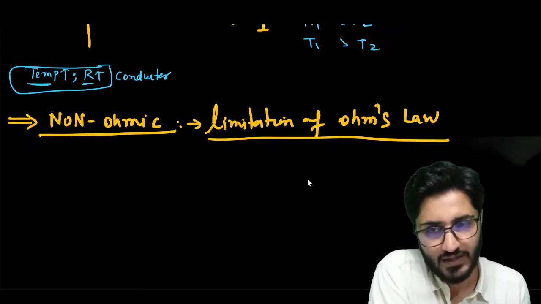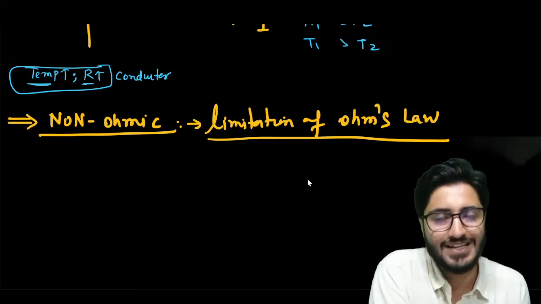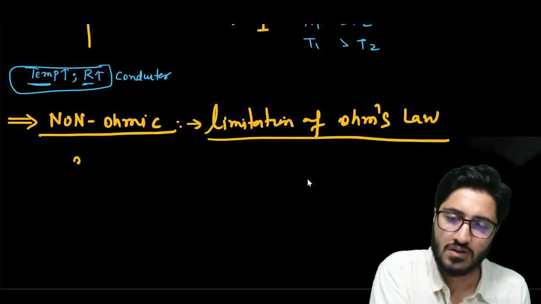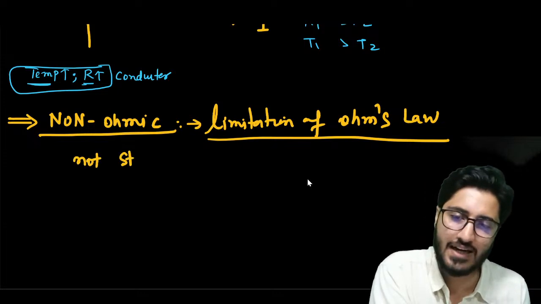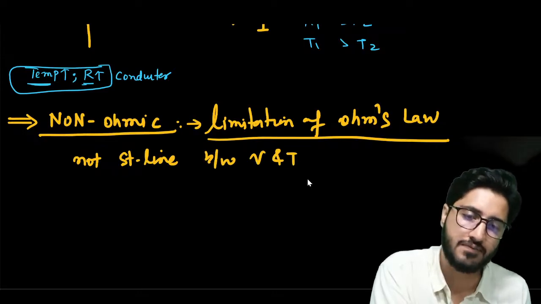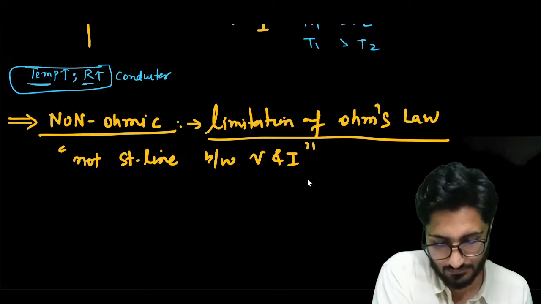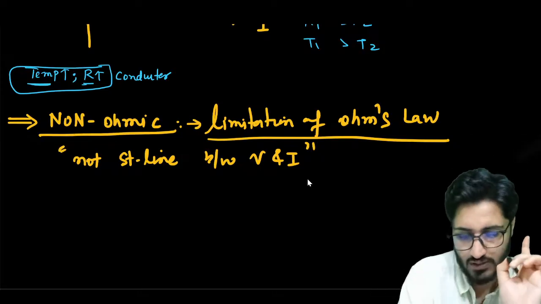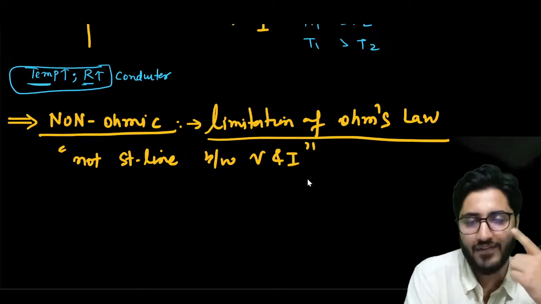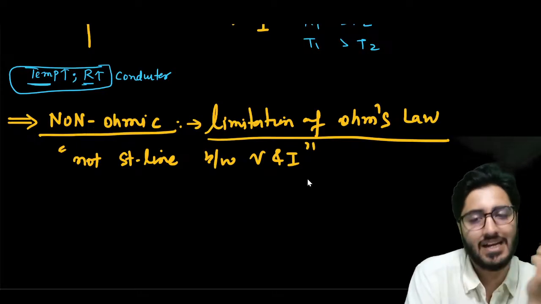Second part, these graphs don't have a straight line between V and I. Non-ohmic means it doesn't follow the ohmic law, the straight line. They have a curved path. It is not a straight line.